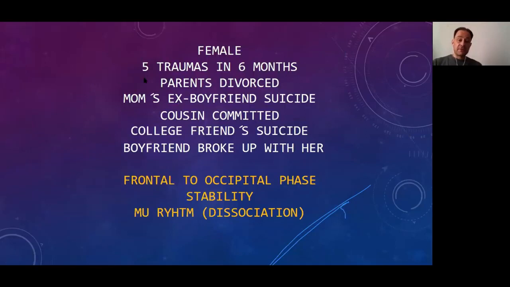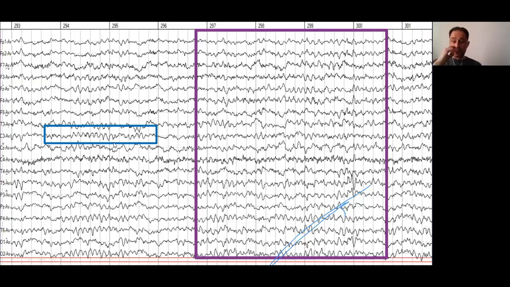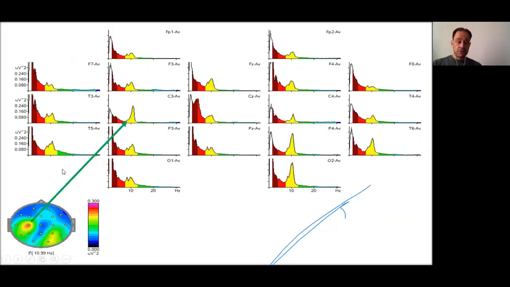And we have this pattern as well of a lady who has mu in the blue rectangle. You can see blue brainwaves, which correlate with dissociation. So this is a lady who has a pattern for dissociation, and we can see that in her brain. Here's the mu in the left sensory motor cortex, which correlates with her dissociation.